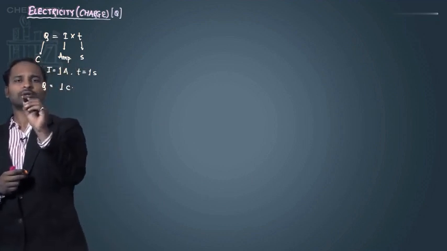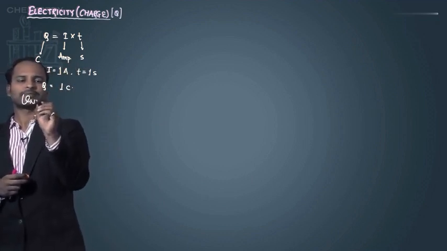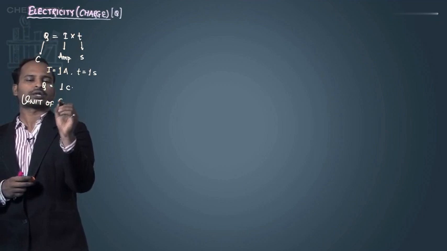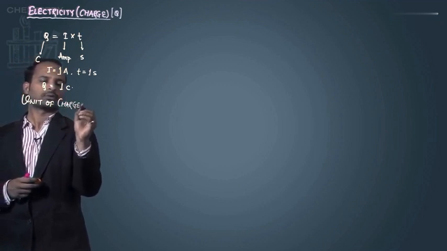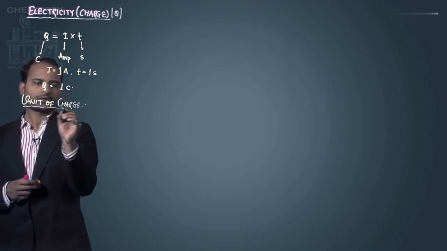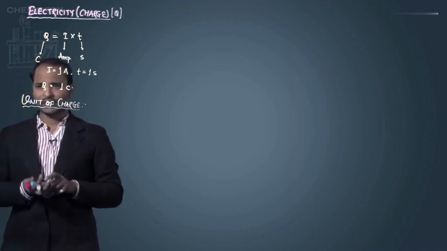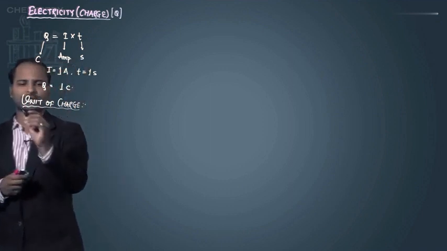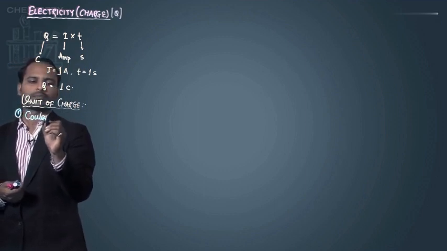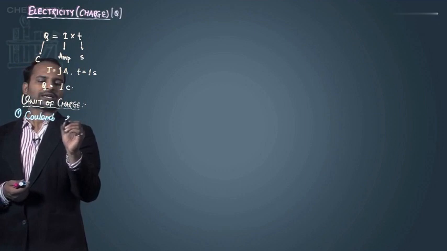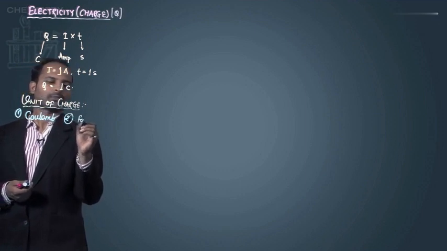Now let's talk about the unit of electricity, or unit of Q or charge. We have two units for charge. The first one is a coulomb and the second one is a Faraday.